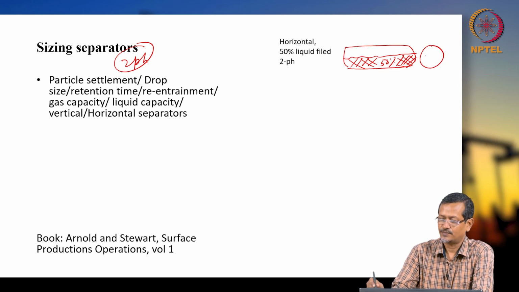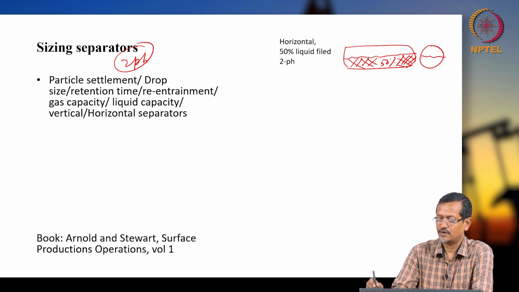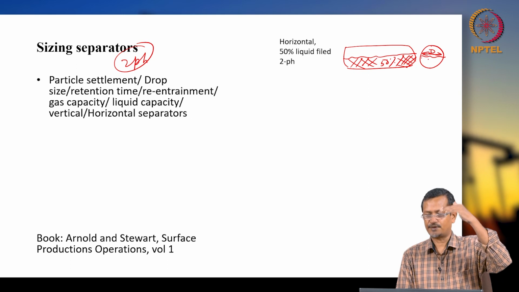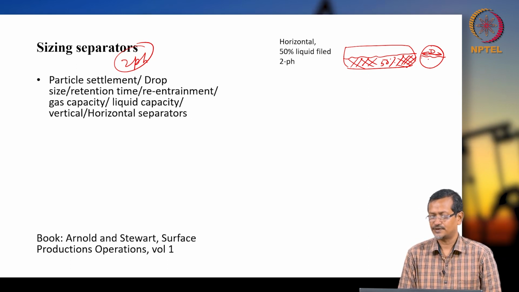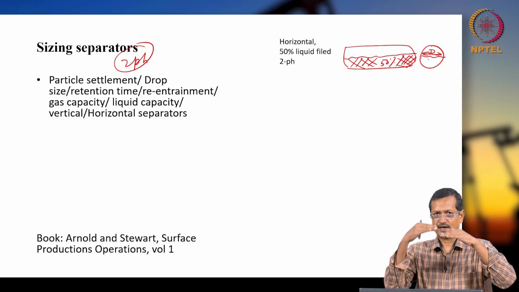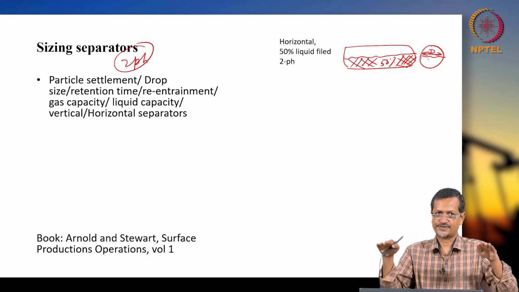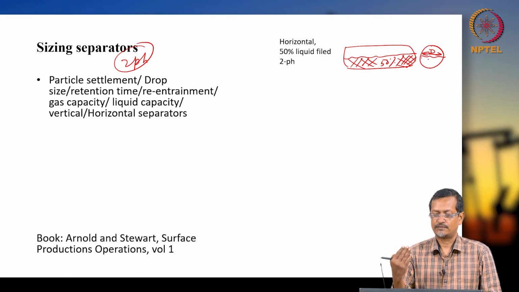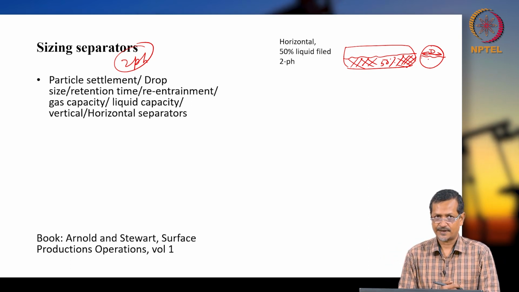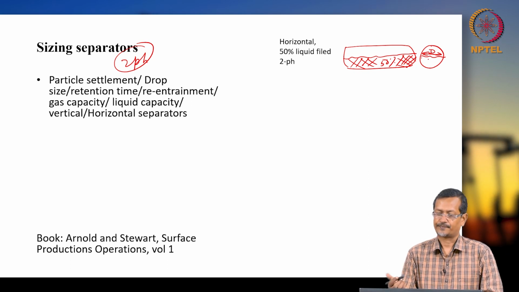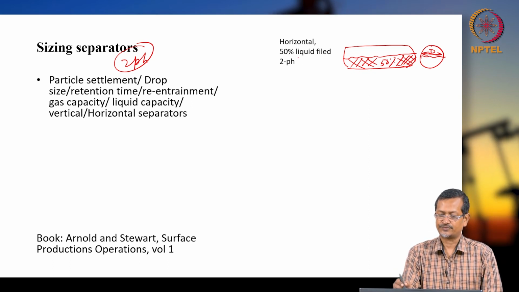If you see the side view of the separator, let's say this is D. If you fill 60%, 70% or 30%, 20%, then the gas-liquid interface area will be lower. In a separator system you need more surface area, that's why we try to maintain 50% liquid fill, but a separator can be designed for a different liquid percentage also. This is for the calculation of a two-phase separator only.